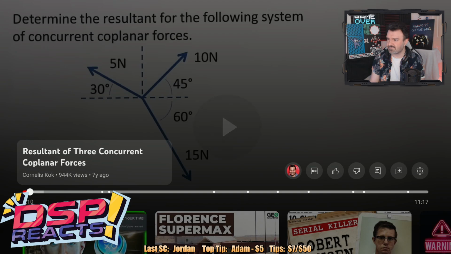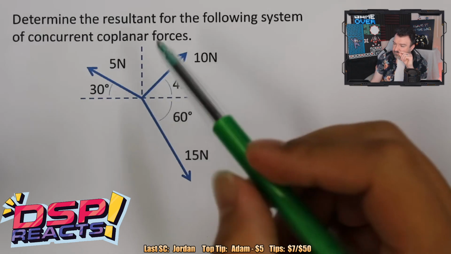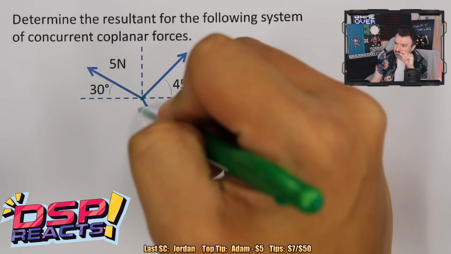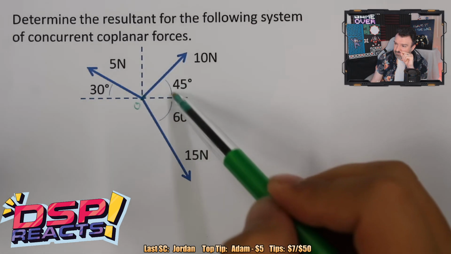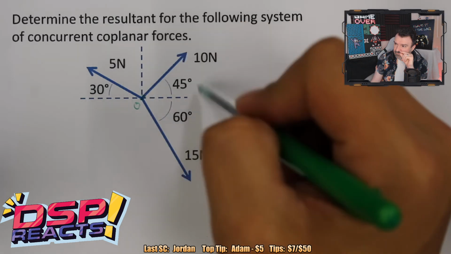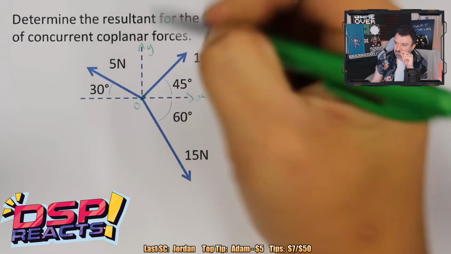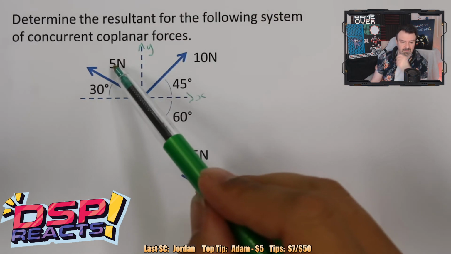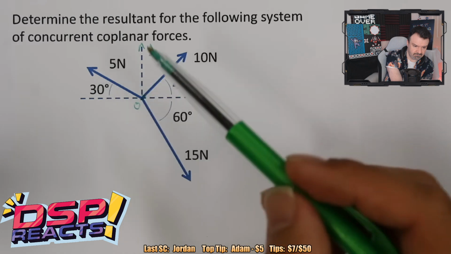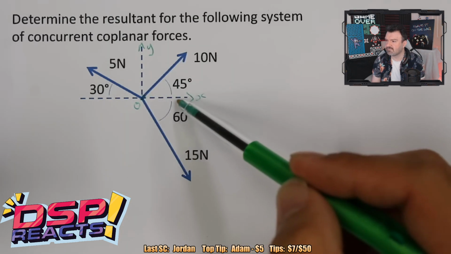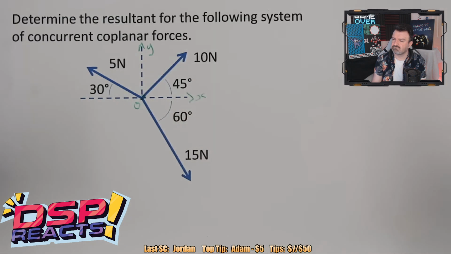Let's see. So what we have here is three forces that are seen to act at one single point. We could call that point O. And we see a 10 Newton force at 45 degrees from the horizontal. If this was the x-axis and this is the y-axis. Okay. We have a 5 Newton force acting 30 degrees from the negative x-axis, and a 15 Newton force acting at an angle of 60 degrees from the positive x-axis.